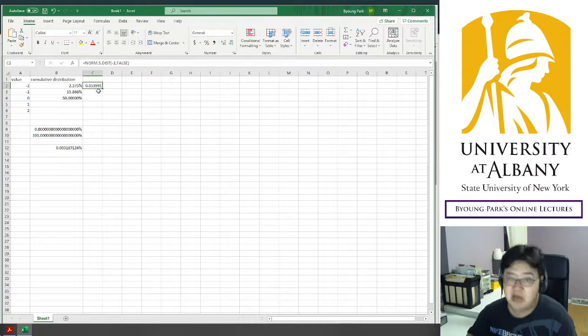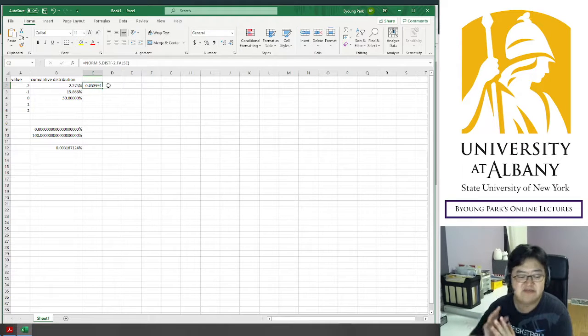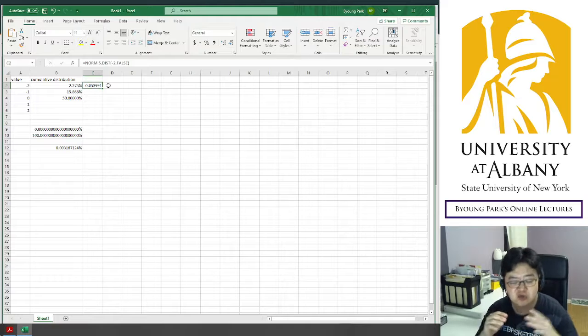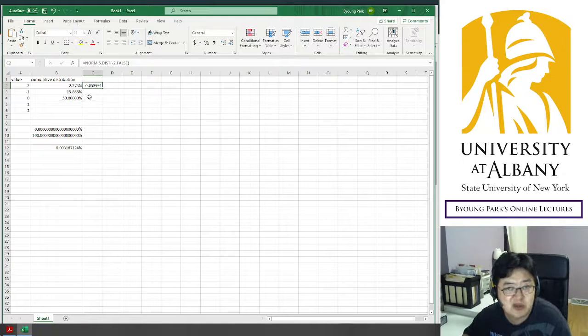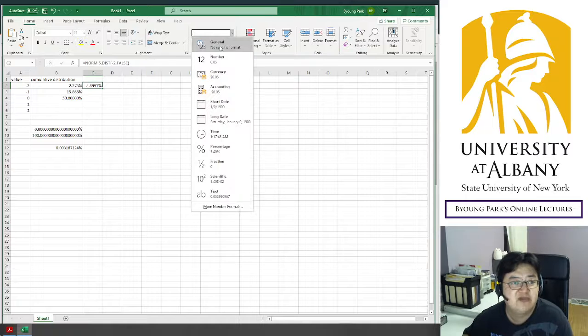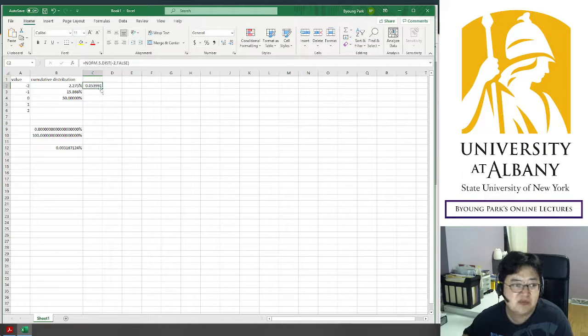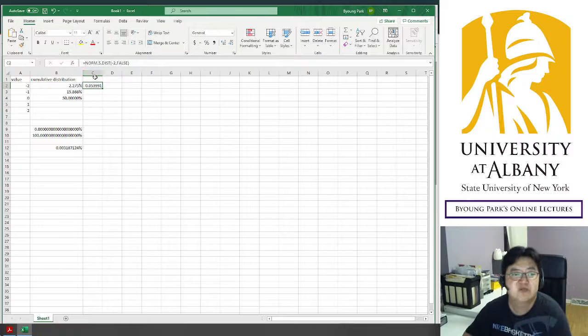But it has no direct meaning. Density itself doesn't mean anything; you need to calculate the area. Density can be calculated, but you cannot interpret this as a percentage. It doesn't imply 5% because it's not a probability itself. You have to calculate area. Before calculating area, it does not have a probability interpretation.